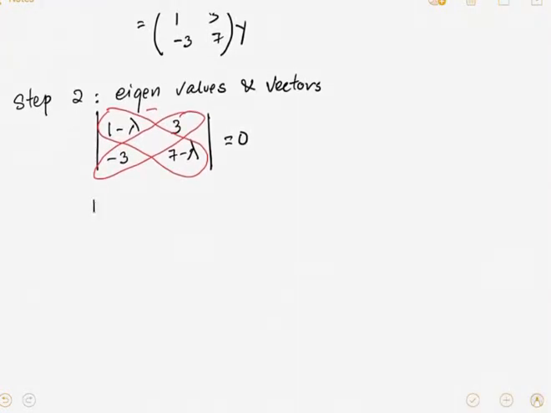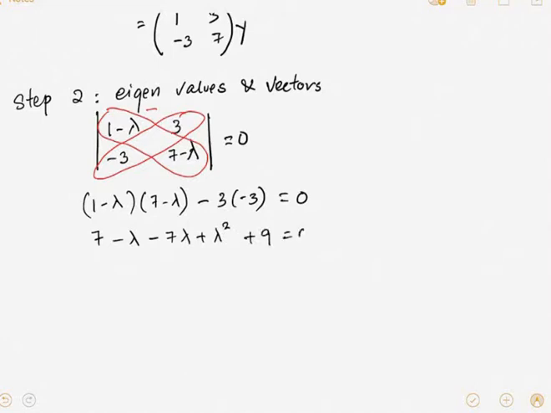Alright, so you have 1 minus lambda times 7 minus lambda, minus 3 times negative 3. So you have 7 minus 8 lambda plus lambda square, plus 9 equal to 0.